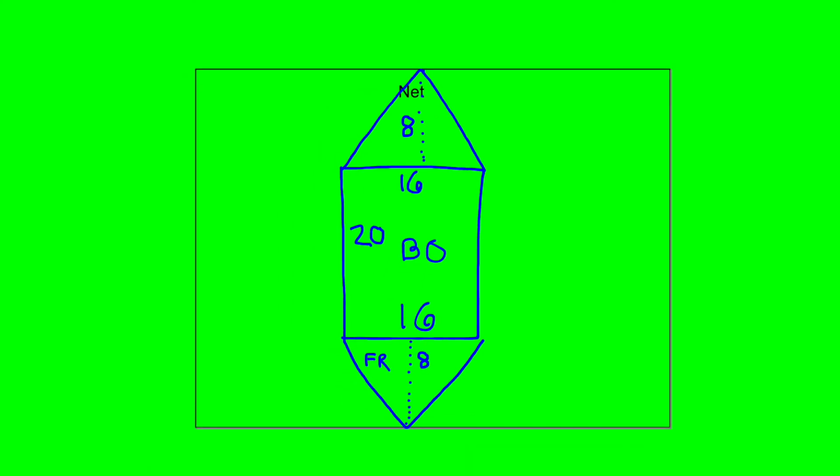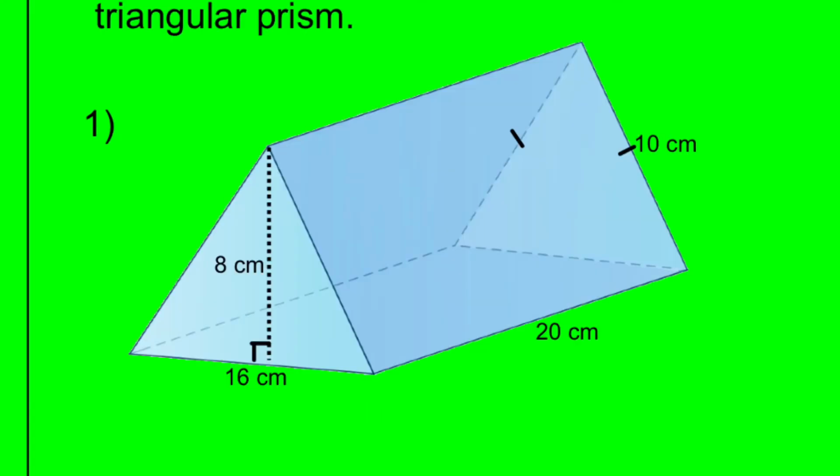I've got one of the rectangles and two of the triangles. Now, I think the next logical place to go would be to do the two rectangles on the side. So you can see a rectangle here, and you can see a rectangle over here on the other side. Now what I'm going to do is keep it connected at side 20, and fold it out.